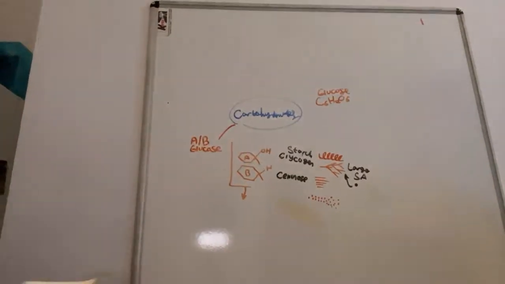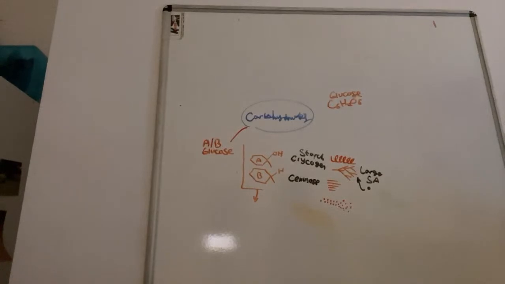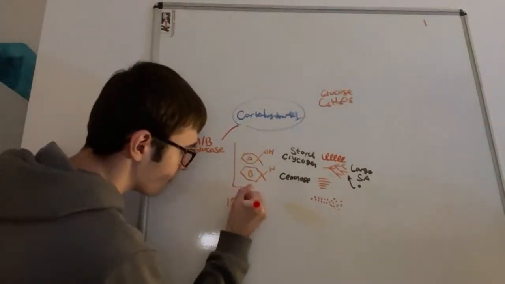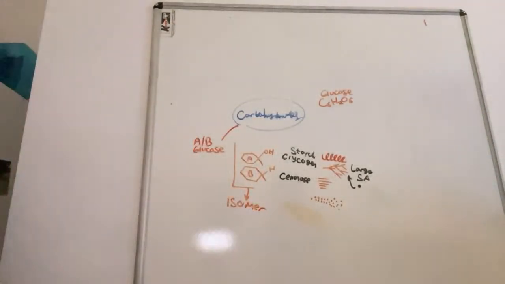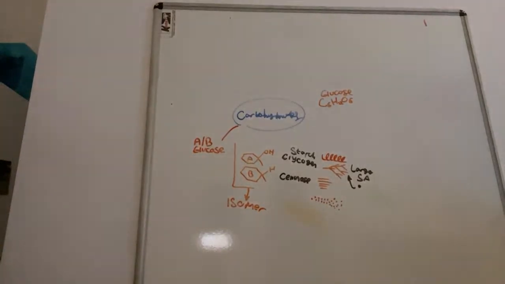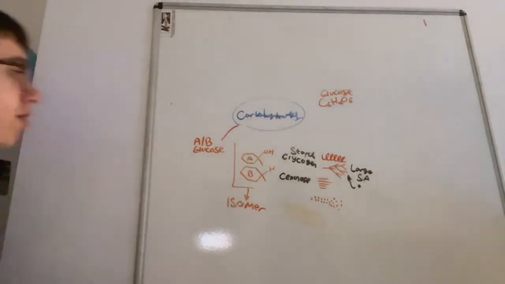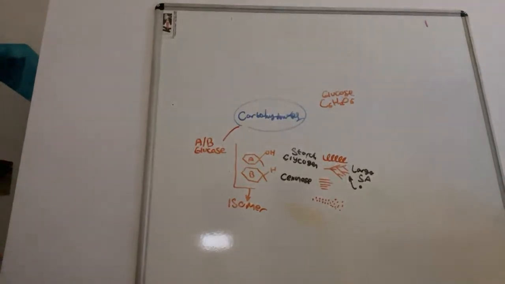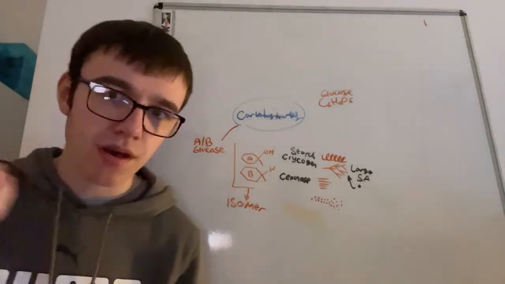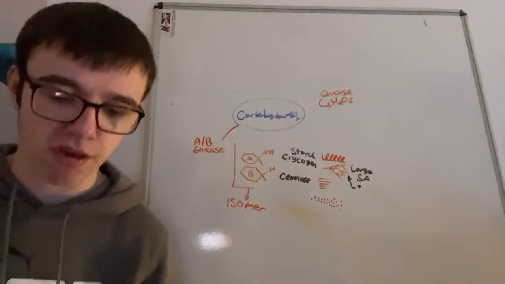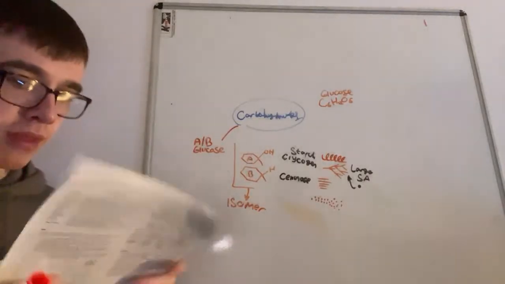What is that word? I'm going to get really annoyed. Isomer, that's it. So, alpha and beta glucose are isomers. Okay, that's a very good word to remember, guys. Is it? I don't know. I don't write the exams.